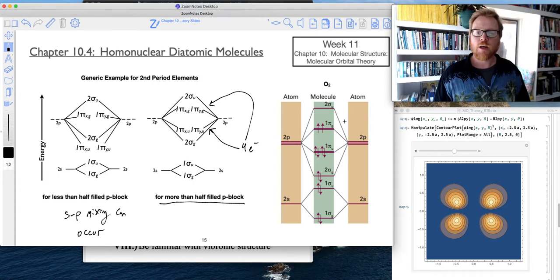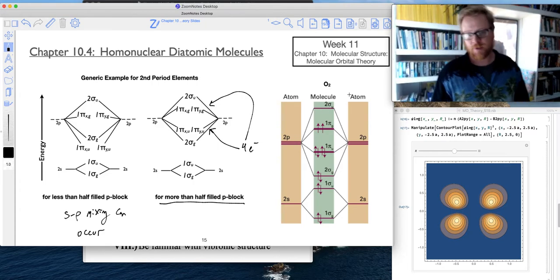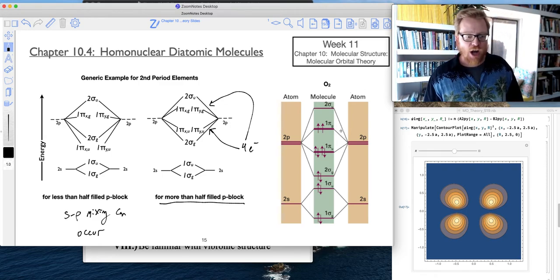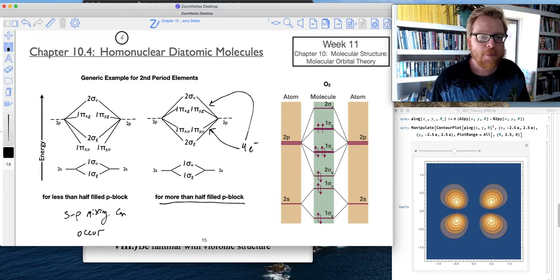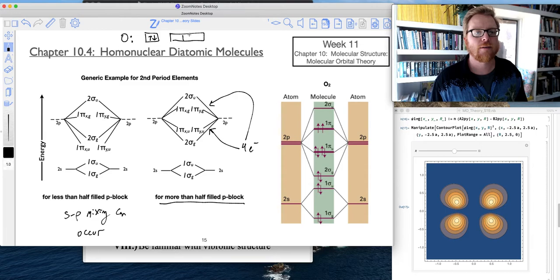Okay, so let's do an example. So here's oxygen, and we know that each oxygen is going to give us 6 electrons. If I look at my oxygen atomic energy diagram, it's 2s and 2p, and there's 1, 2, 3, 4.